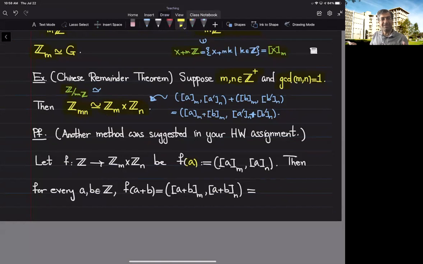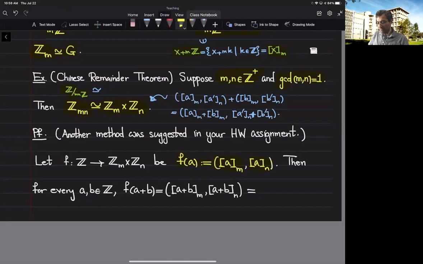Why not the residue class of a modulo m? So I give you the residue class of a mod m and the residue class of a mod n. That is my function f.